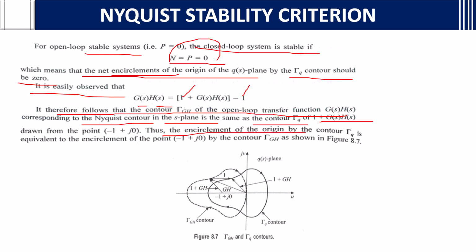Thus, encirclement of the origin by the Q contour is equivalent to the encirclement of the point -1 + j0 by the G(S)H(S) contour, as shown in figure 8.7. This is how the contour is drawn for the point -1 + j0.